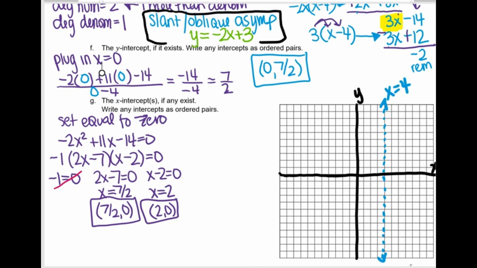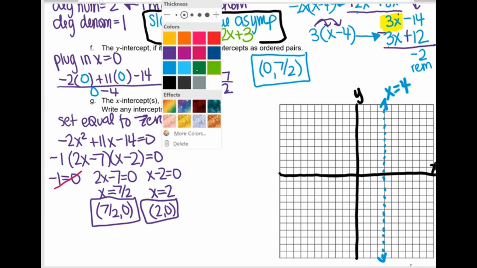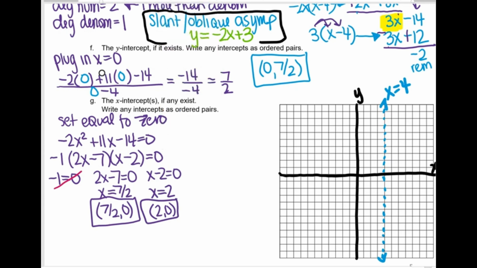We had our slant or oblique asymptote of y equal to negative 2x plus 3. So when we're graphing that, remember our y-intercept is 3. So I'm going to start there. And our slope is negative 2 over 1.